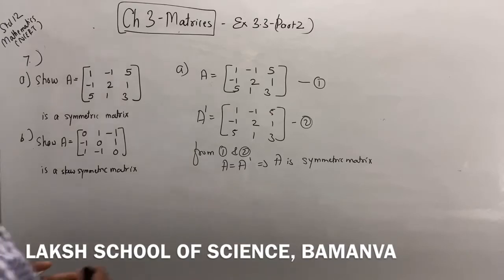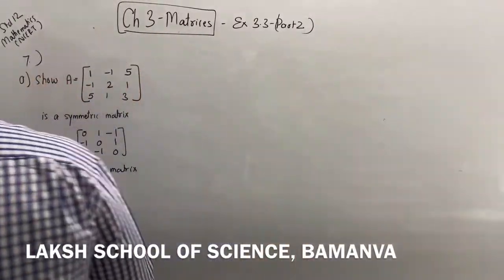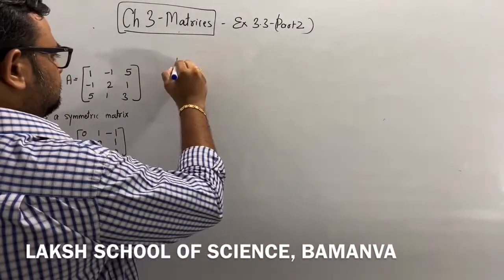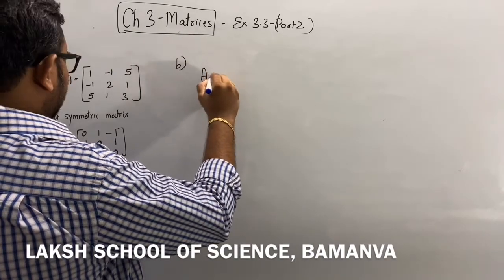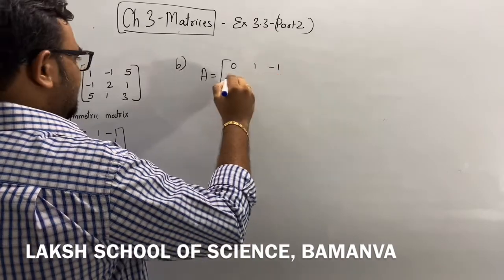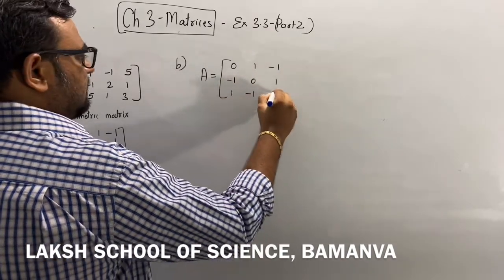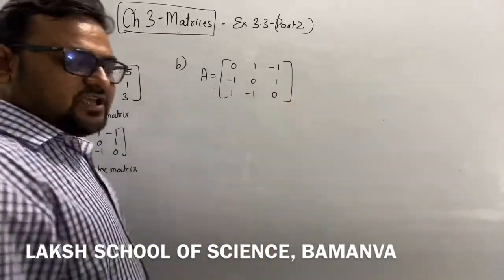Next, B. In that it is given A equal to 0, 1, minus 1, minus 1, 0, 1, 1, minus 1, 0.